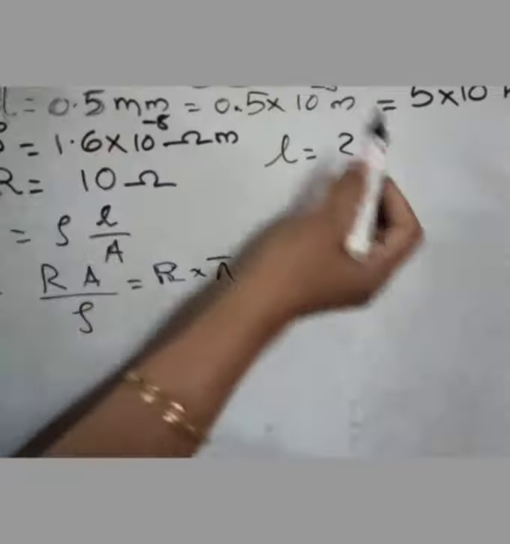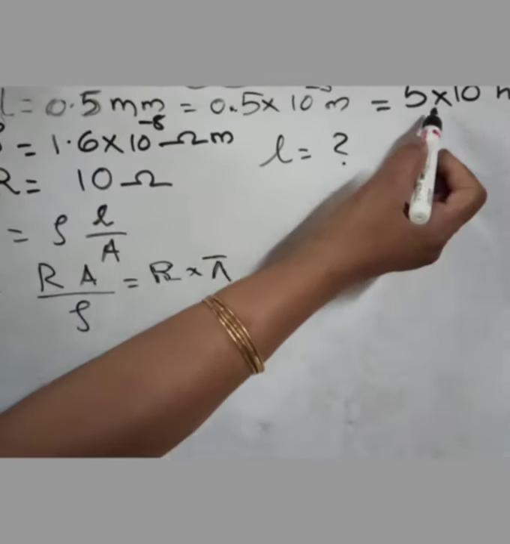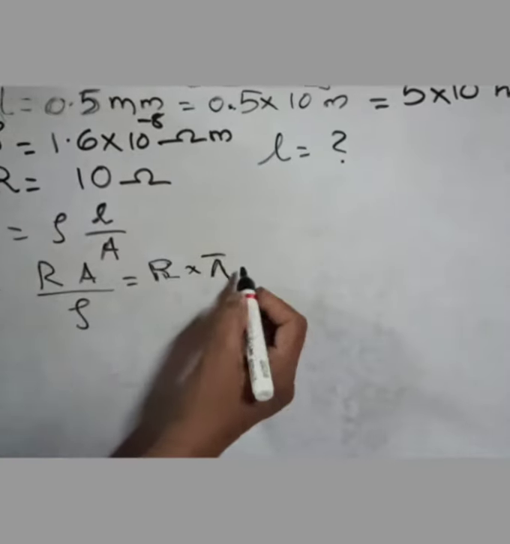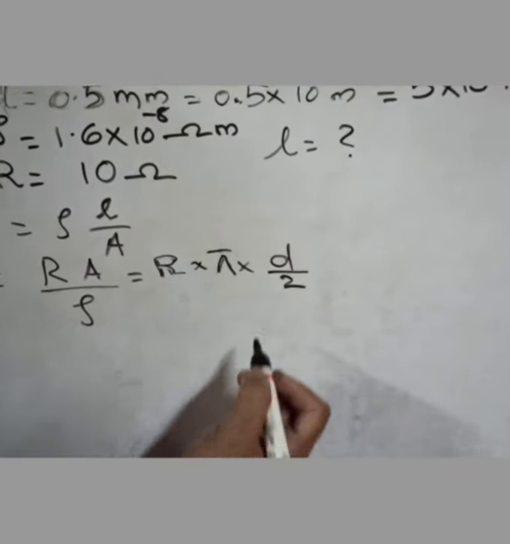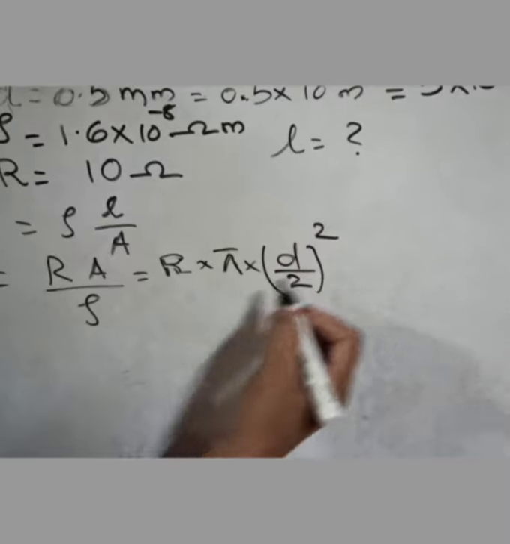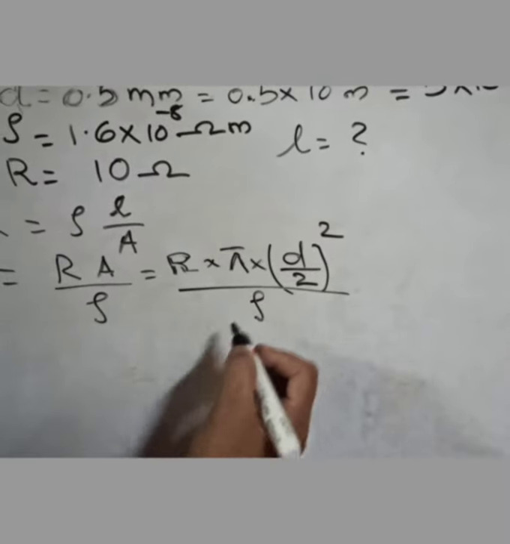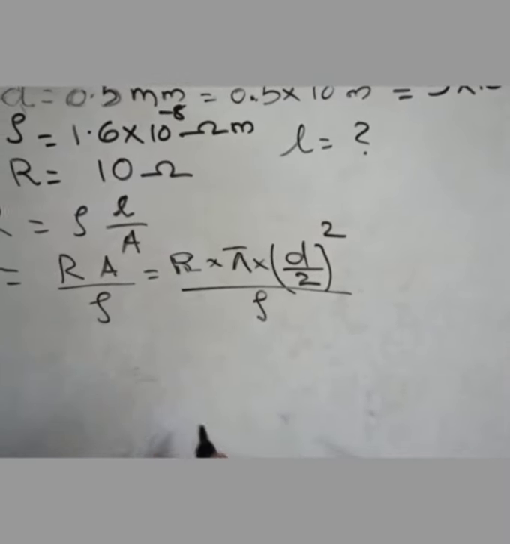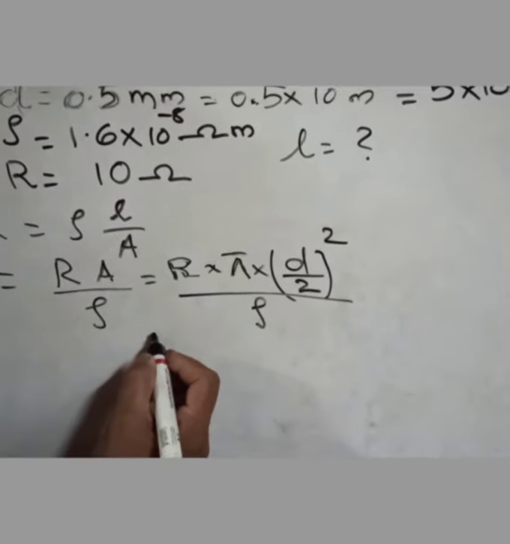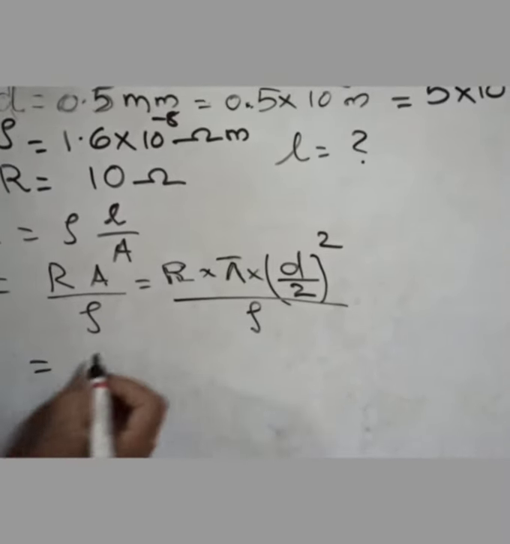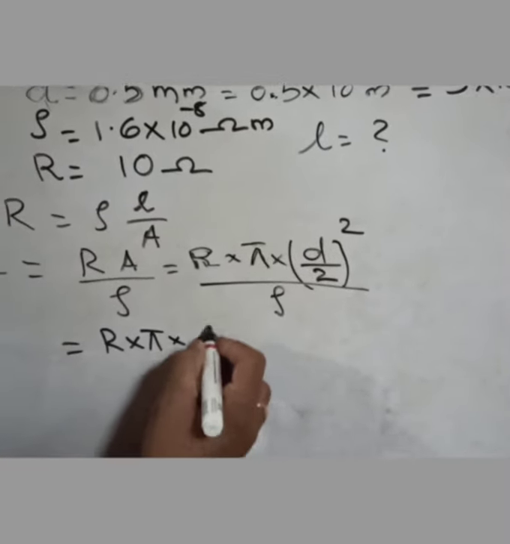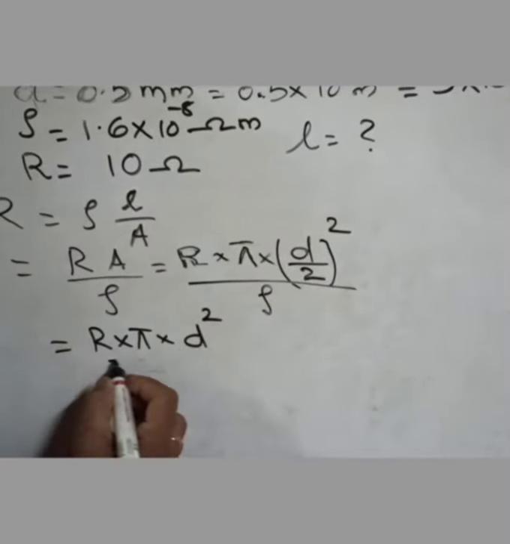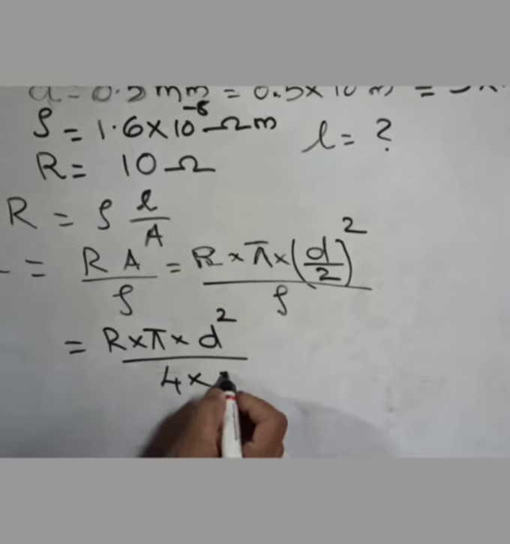If you are taking r, you have to take half of the diameter, no? So instead of r, you can write d by 2, the whole square, by rho. So it is equal to R into pi into d square, 2 square is 4, by 4 into rho.